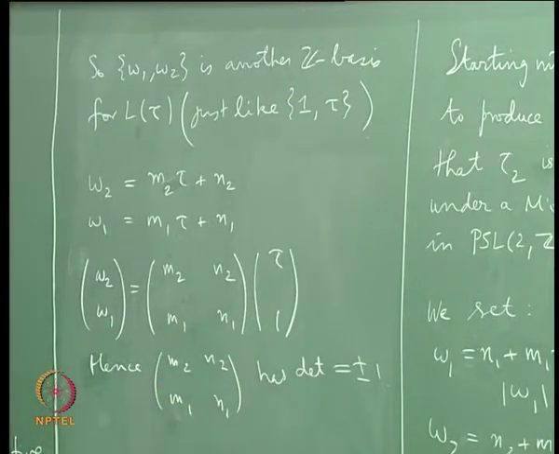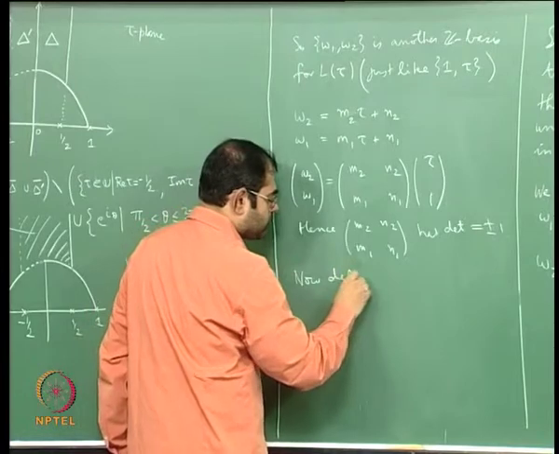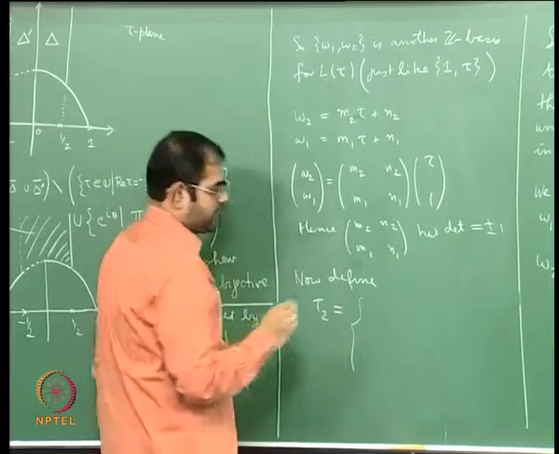Okay, and so what this tells you is that now what we do is define tau 2 as follows.